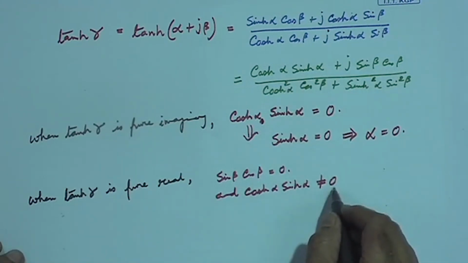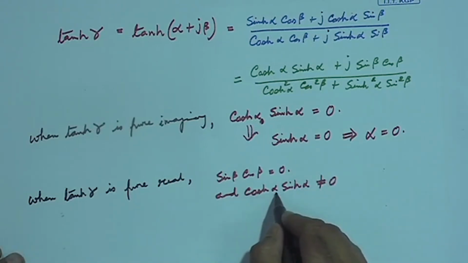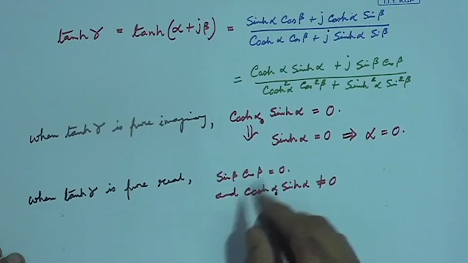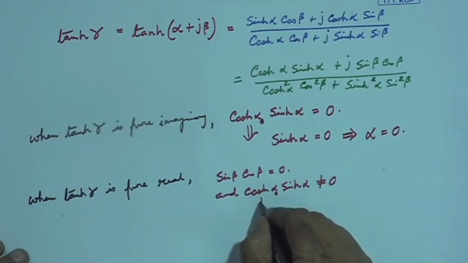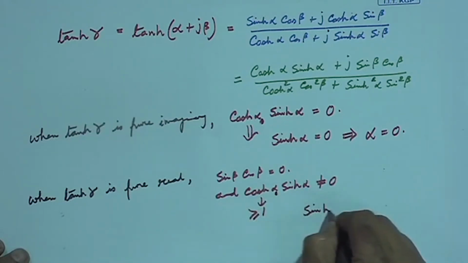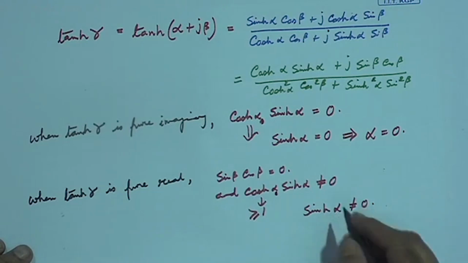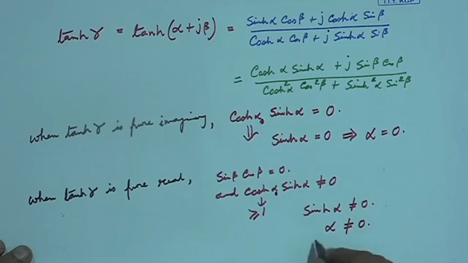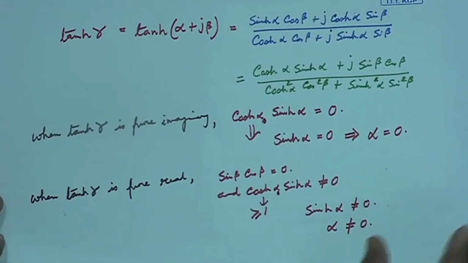But as I said, cos hyperbolic is always greater than or equal to 1, so no problem. What we demand is sin hyperbolic alpha is non-zero. So, that means alpha is non-zero. Alpha non-zero means the attenuation constant is non-zero, that means there is attenuation.